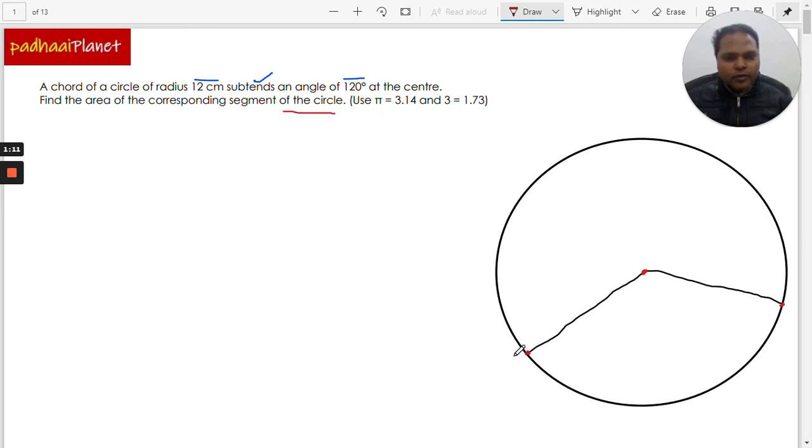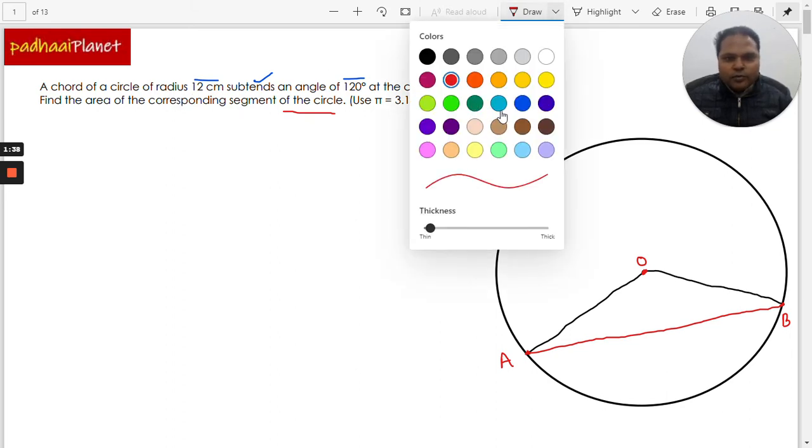So what we need to find out is the area of the corresponding segment. So suppose AB is the chord, right? AB is the chord which is dividing this circle into two arcs, and this is the center. So the corresponding segments of the circle are these two, right?